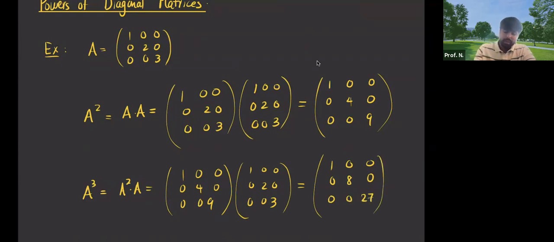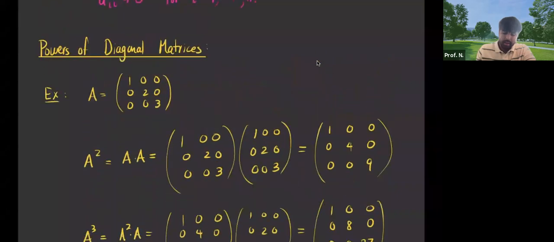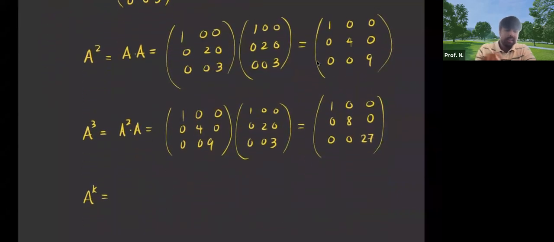So when I cube a diagonal matrix, I'm cubing the diagonals. So when I take a diagonal matrix and raise it to the kth power, what happens to the entries? I raise all the entries in the diagonal to the kth power.